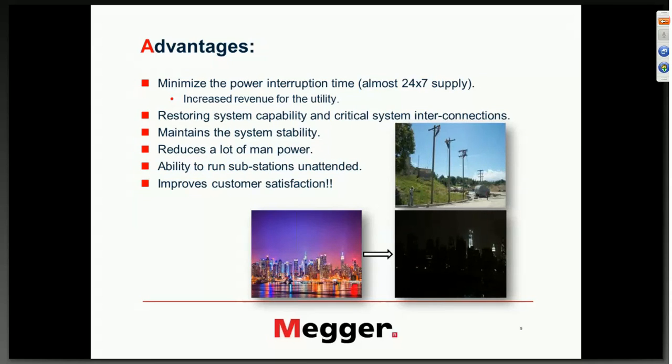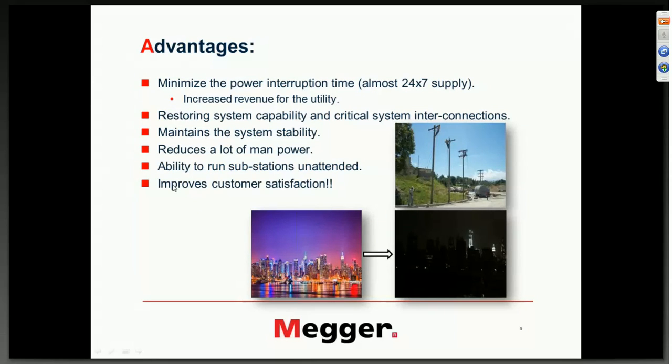There are numerous faults, hundreds of faults in a day in a given area. If you don't have an auto closing mechanism, there has to be a person who closes that specific circuit breaker. That will lead to longer interruption times, making your indexes that we discussed in the previous slides worse, and it causes a lot more problems.